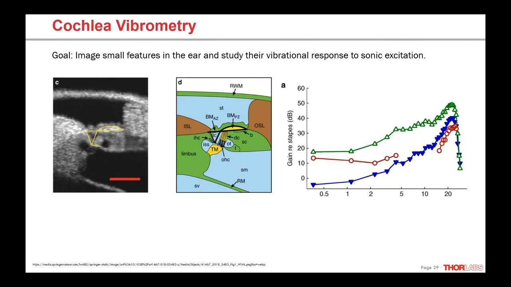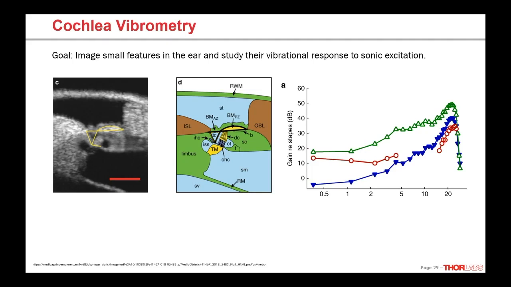Thanks to OCT, we now know how the different locations or spots in the ear react to excitation. And these vibrations are really small. They are typically in the nanometer range, so we need the OCT phase to actually resolve these tiny vibrations.